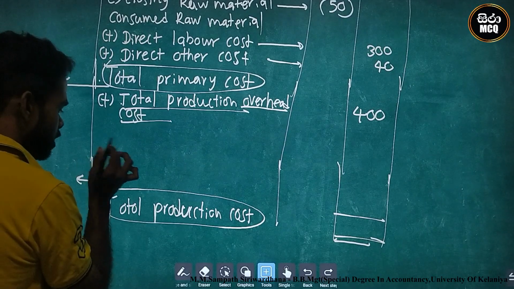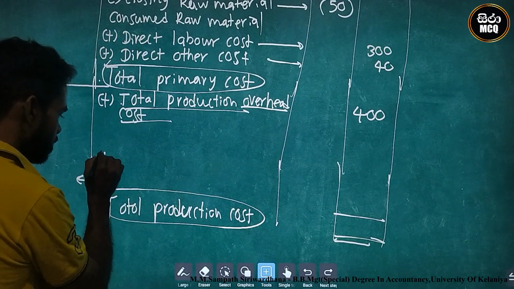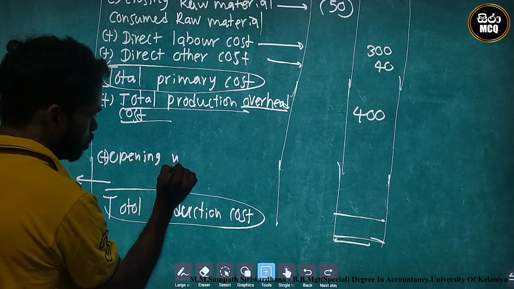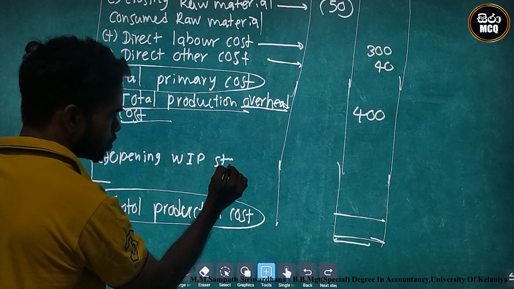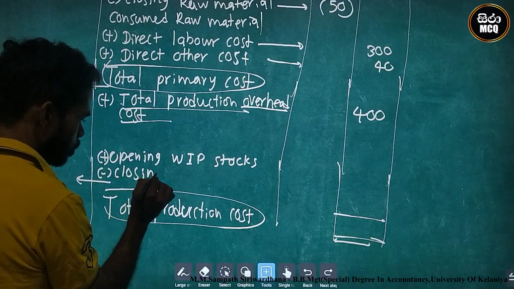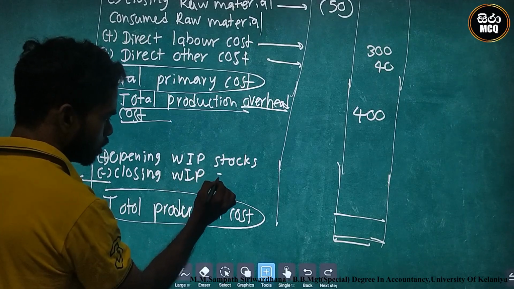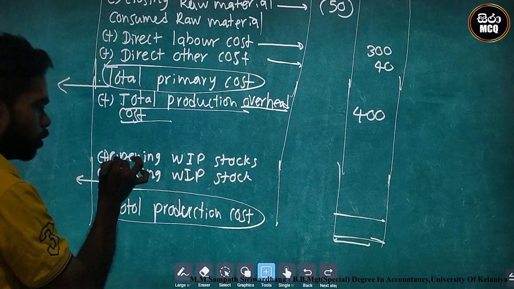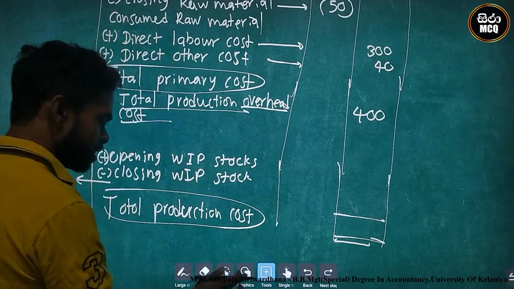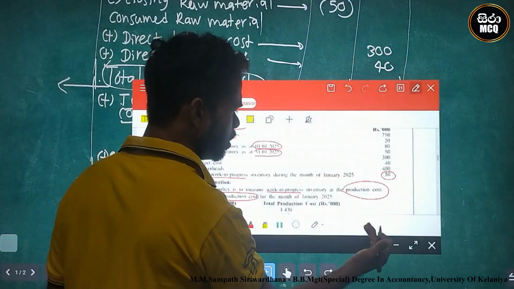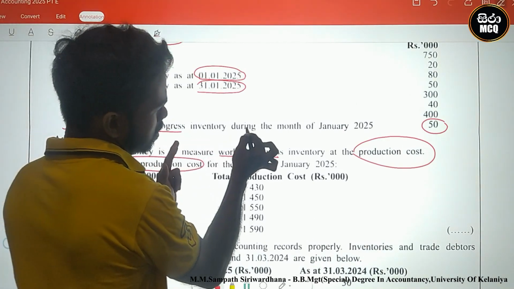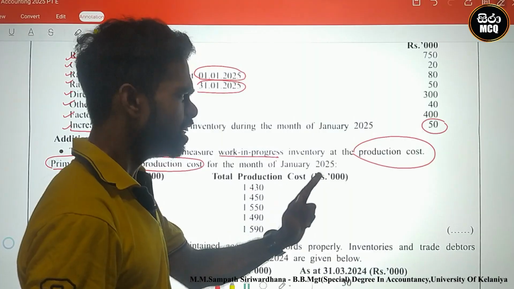At this time, what is the adjustment of work in progress? You must add opening work in progress stocks and deduct closing work in progress stocks. Here there is no opening and closing given, only an increase in work in progress inventory during the month of January, an increase of 50.